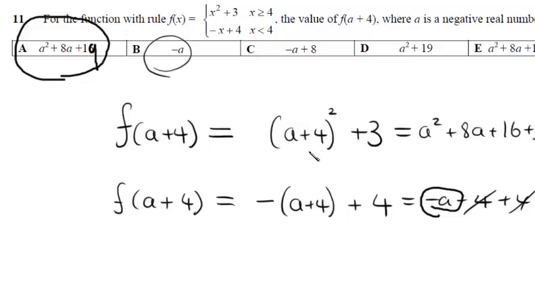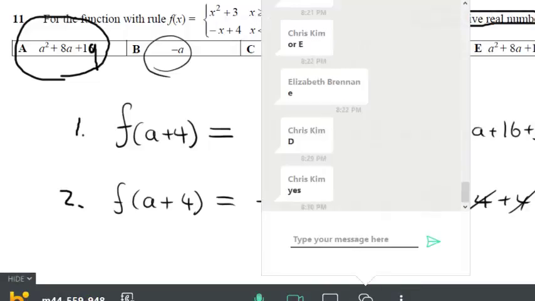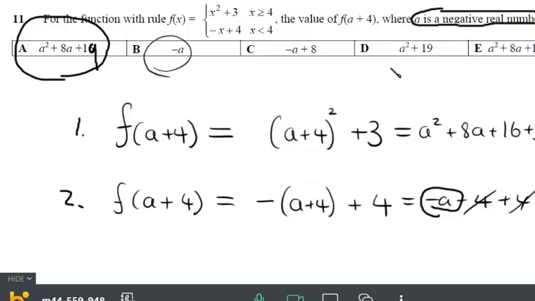The first one or the second one? The key idea is right here. I want you to think about it. Write your answers.